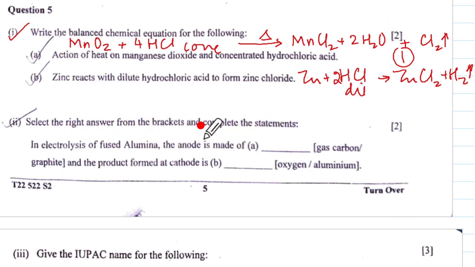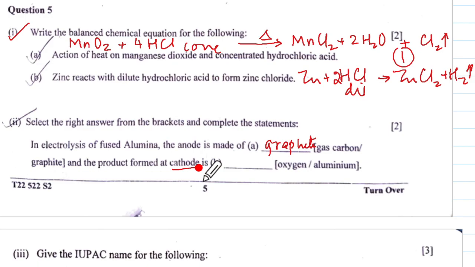Select the right answer from the brackets to complete the statement. In the electrolysis of fused alumina, the anode is made of, is it gas carbon or graphite? It will be your graphite rod, and the product formed at cathode is going to be oxygen or aluminium.